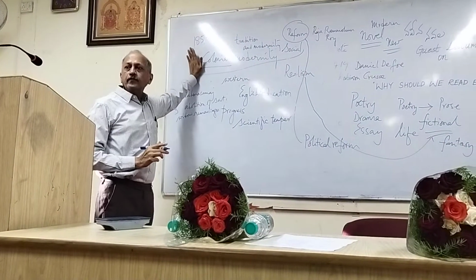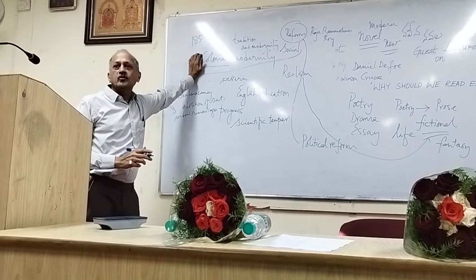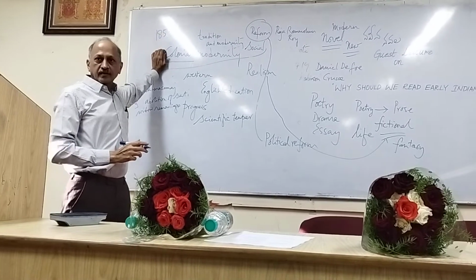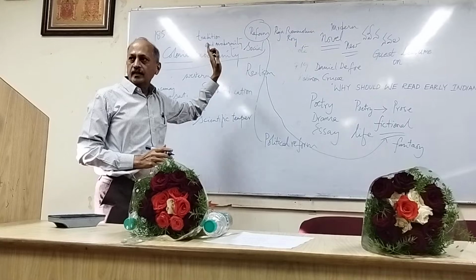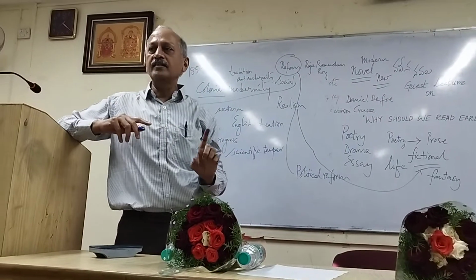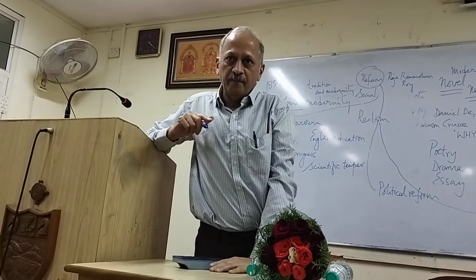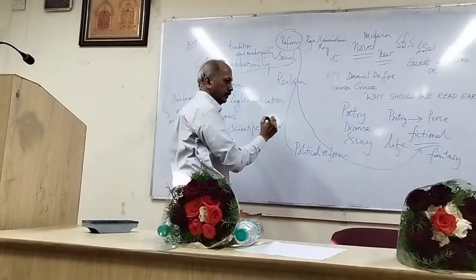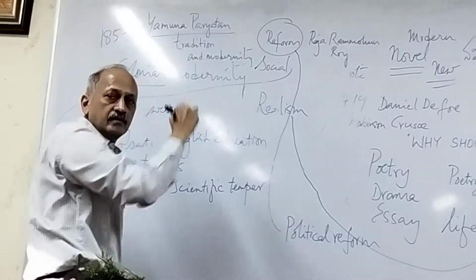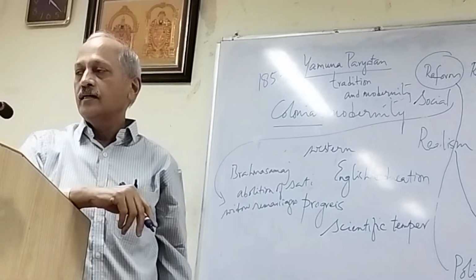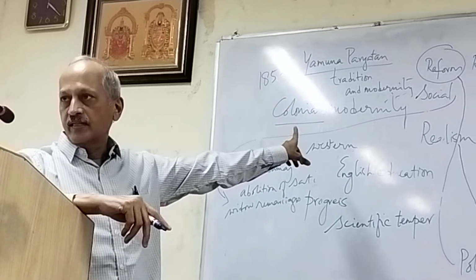Now, 1857 is also significant in the history of the Indian novel, because Yamuna Paryatan, the first Marathi novel, was written in 1857.